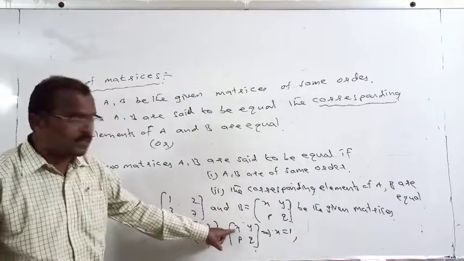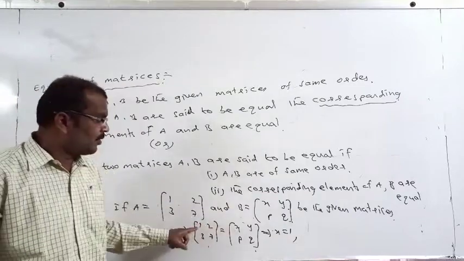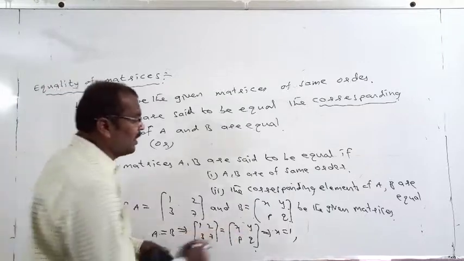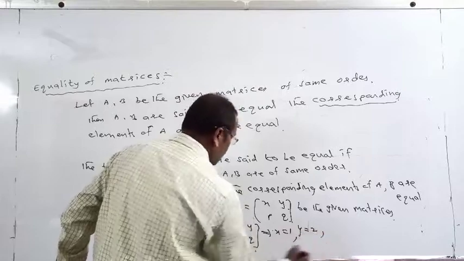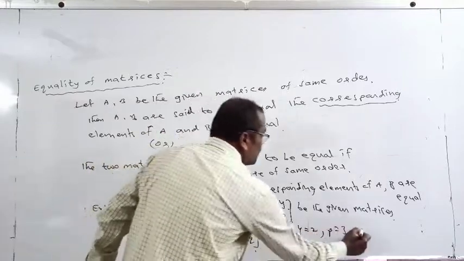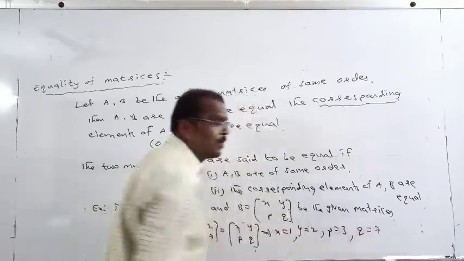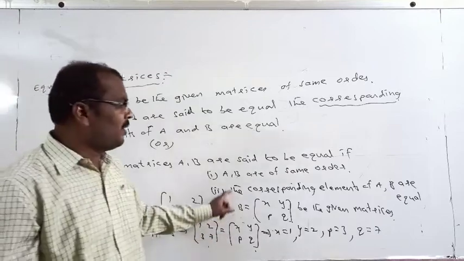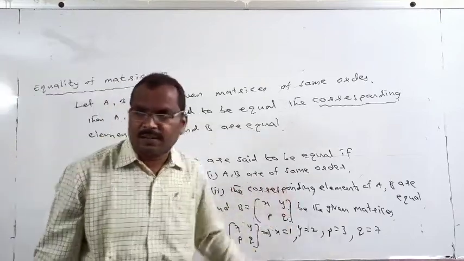Corresponding element means first row, first column to first row, first column. What about this one? First row, second column. Y is equal to 2. P is equal to 3. Q is equal to 7. Corresponding elements means the elements in the same position should be equal.